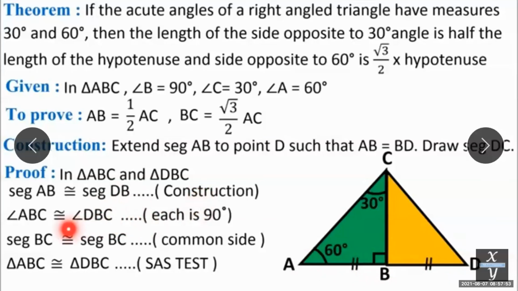Now angle ABC, this means angle B, and angle DBC, each measure 90 degree. So those are also congruent to each other.